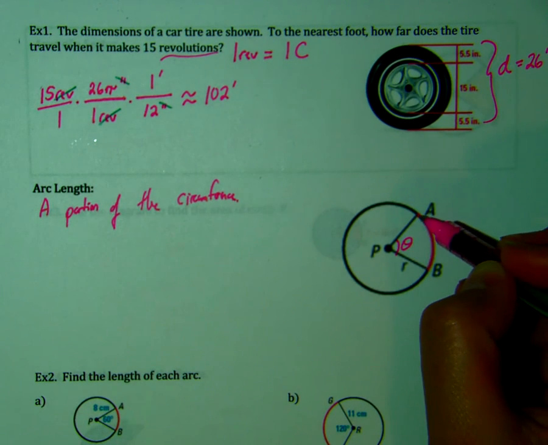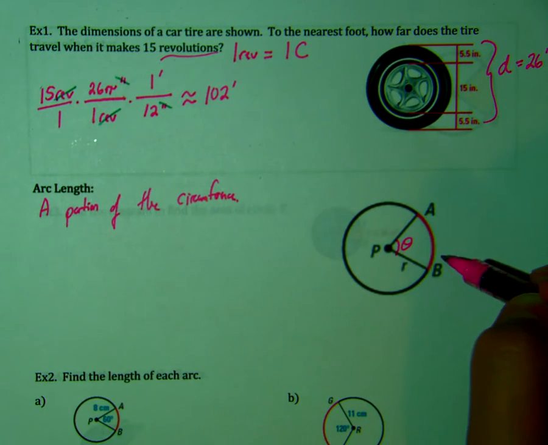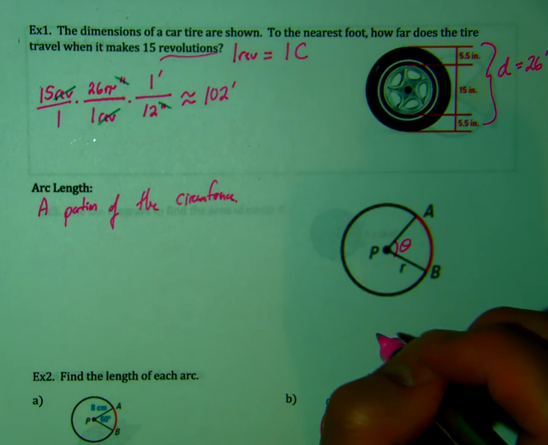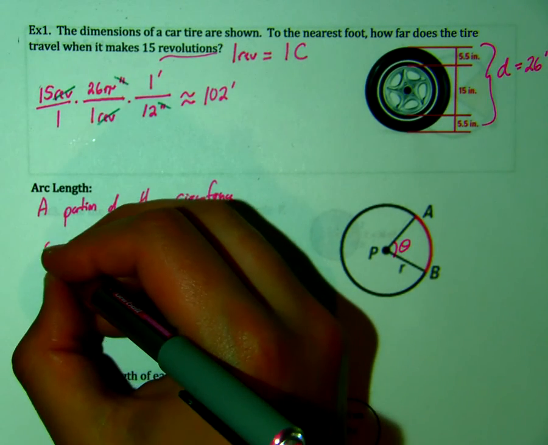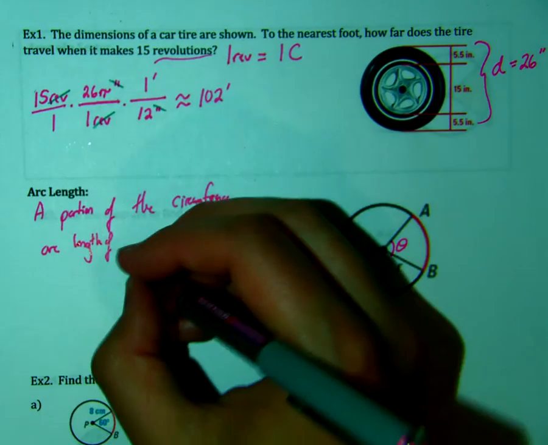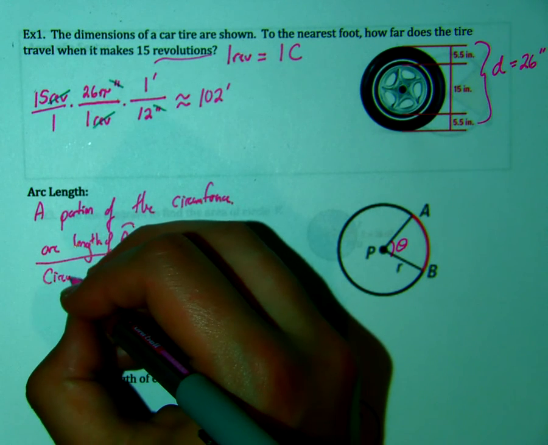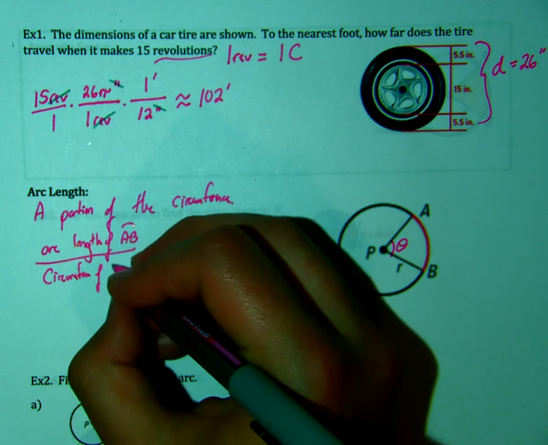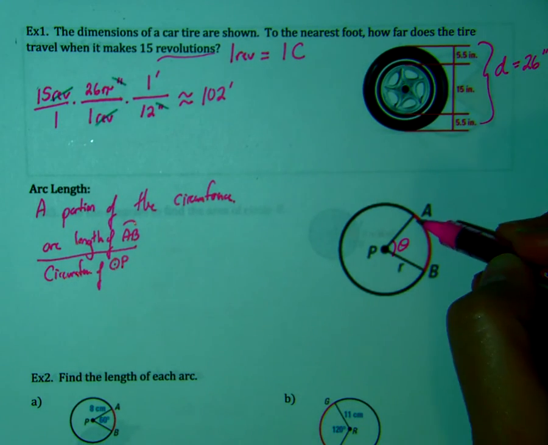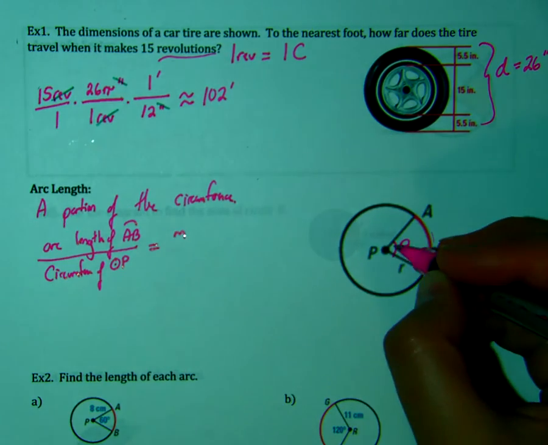So the actual length of this arc is just a fraction of the circumference. Okay, so if you set up a proportion, then we can get this formula very easily. So the arc length of arc AB compares to the circumference of circle P. So this little piece compared to the whole circle is equivalent to what this little measurement is.